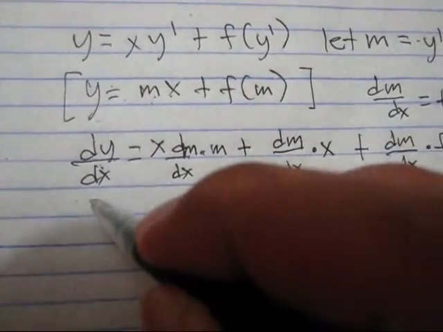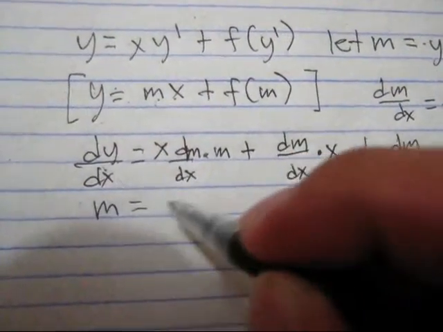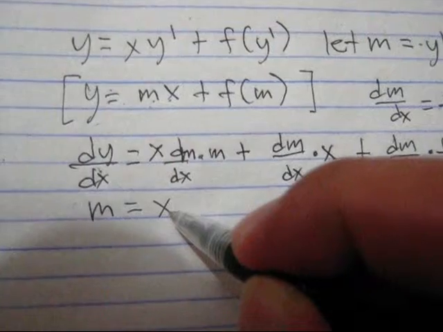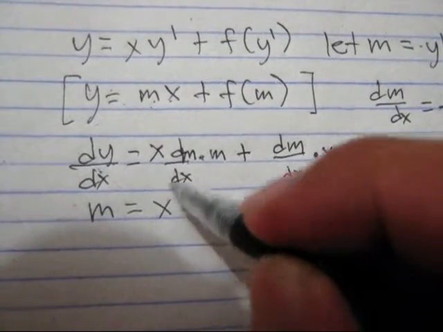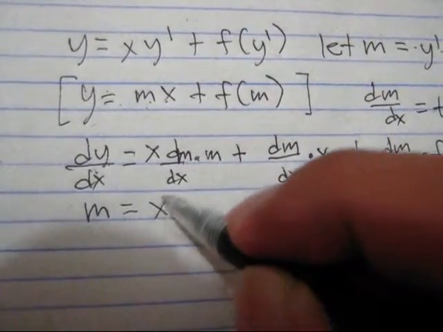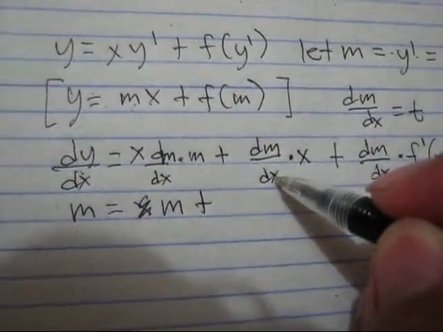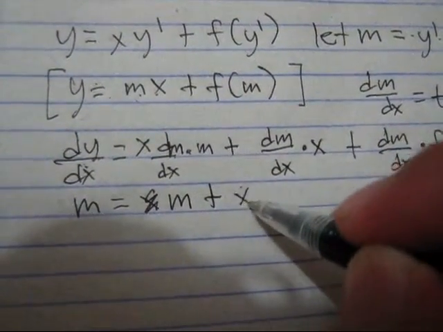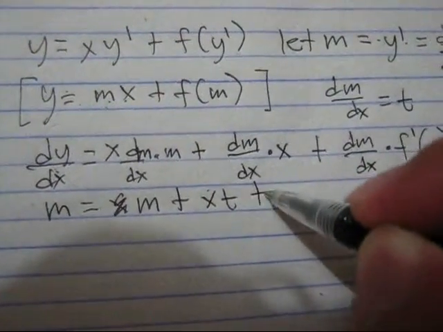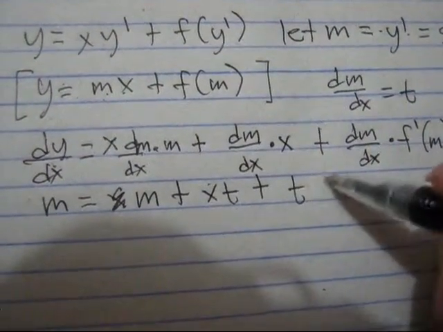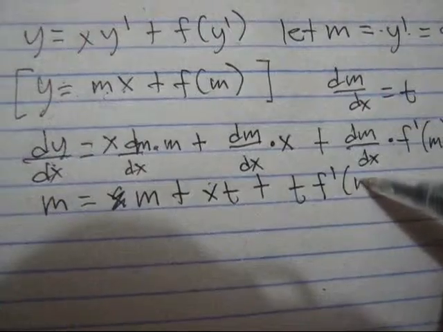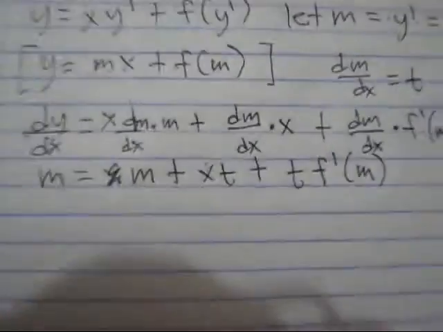The derivative of x is 1, so this will be m + xt + tf'(m).